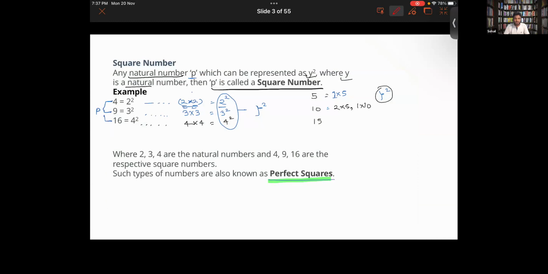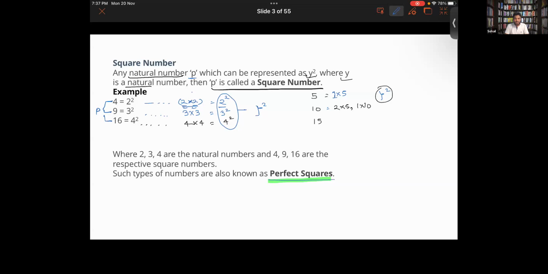What is a square number, right? Any natural number p which can be represented in the form of y square, then p will be called a square number. Then we have perfect squares and imperfect squares also, right?